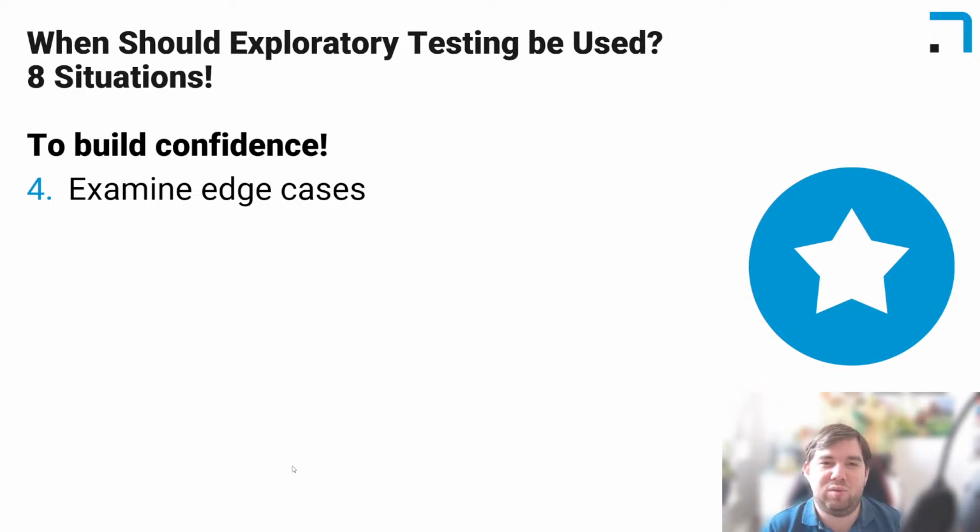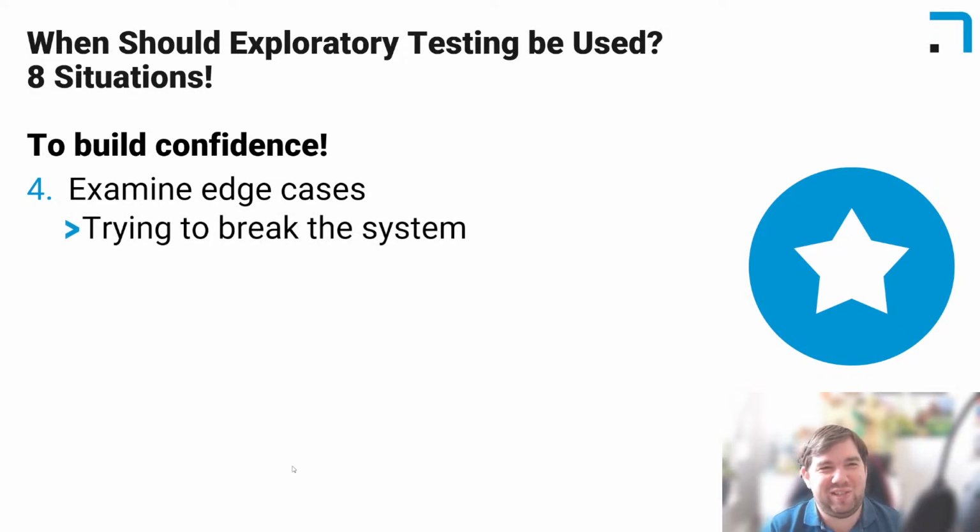Because as testers, we're trying to break the system. We're trying to see where that system breaks, and this can be with edge cases to find these flaws. Of course, we're not destructively trying to break the system, but we are investigating and trying to break it ourselves, because if we break it now, it can be fixed up, and so it won't be broken in production.